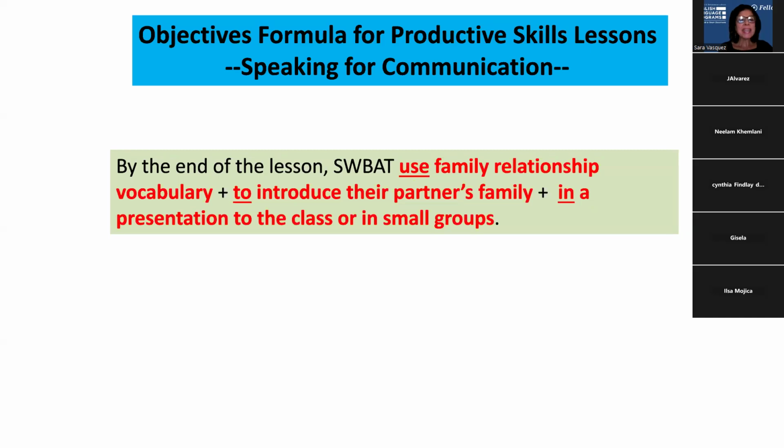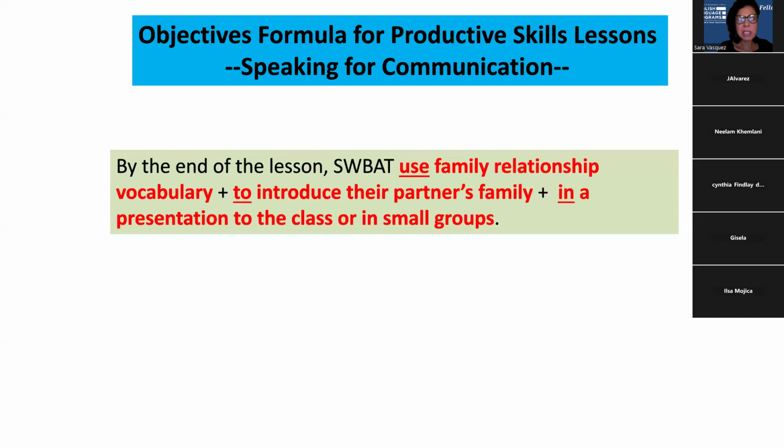So by the end of the lesson, students will be able to use, remember that was our first component, use what? Use family relationship vocabulary, that's our linguistic component, to do what? To introduce their partner's family, a very specific function, right? Very also pragmatic and practical.